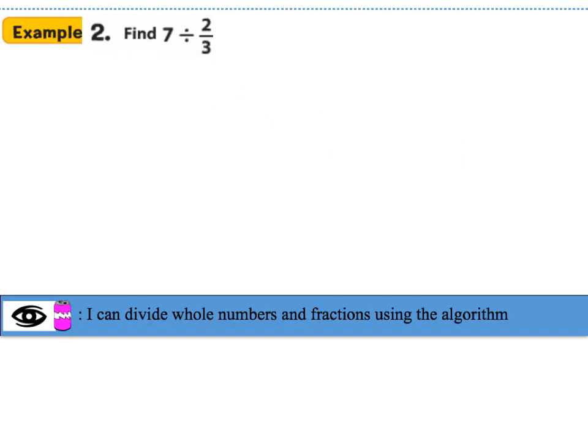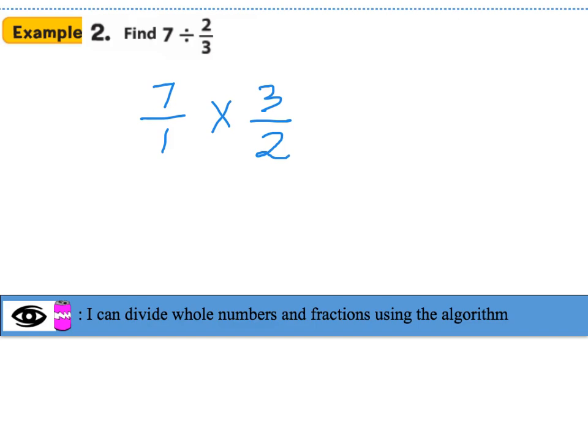Example 2. We are going to find 7 divided by 2/3. Let's change 7 whole into an improper fraction, which will give us 7 over 1. Change division into multiplication, and the reciprocal of 2/3 would be 3/2. And then we're going to think to ourselves, can we cross divide?